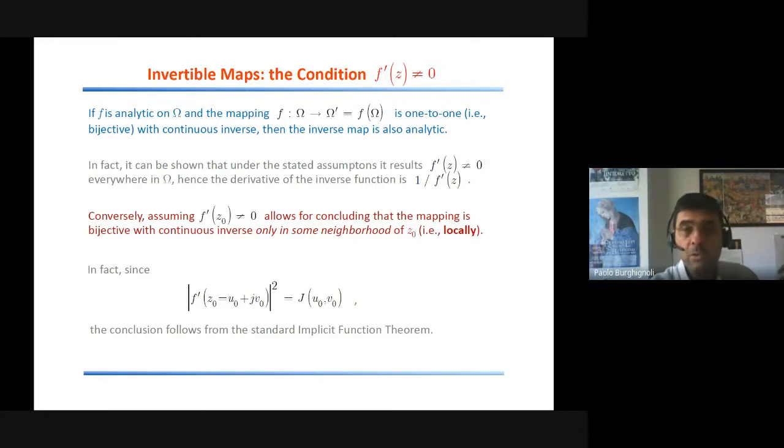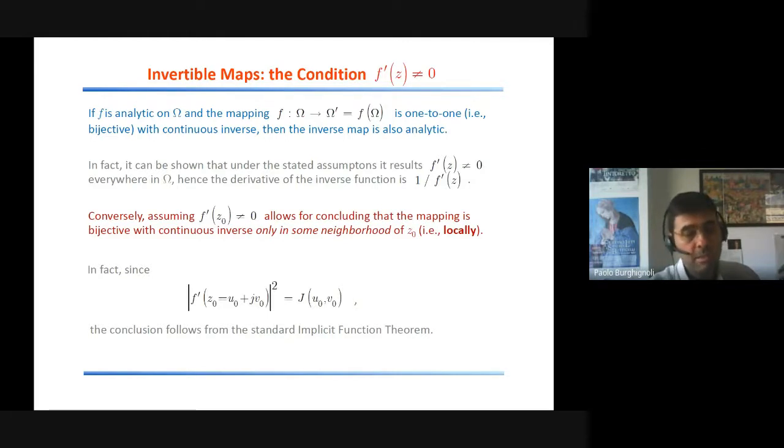However, we can conclude that this is true only in some neighborhood of the point z0. So what we are guaranteed is that there is a neighborhood of the point z0 in which the derivative is different from 0, so that in this neighborhood, or in shorthand locally, the inverse map exists, is bijective, and has a continuous inverse. And of course, the inverse map is also analytic.